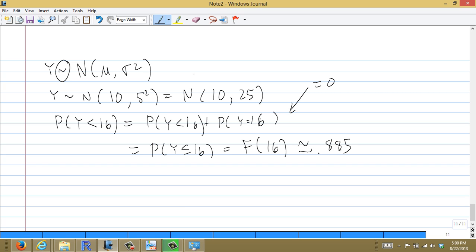For our second question, we want to find the probability that our random variable is between 8 and 13.